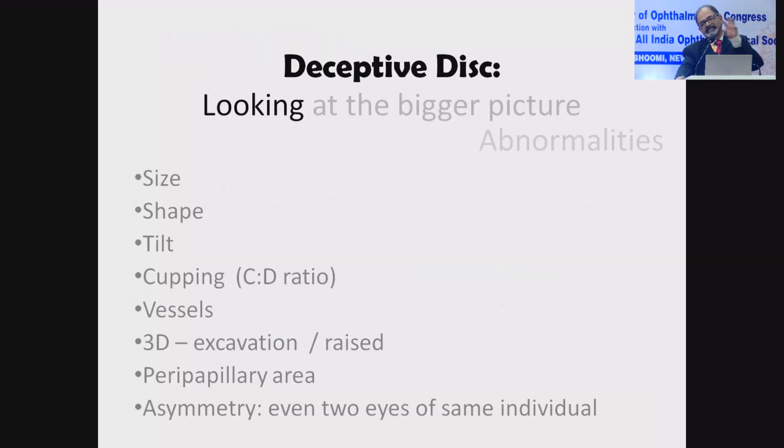The next part of deceptive disc, looking at the bigger picture, I just wanted to highlight what all things we are looking at. I've kept the abnormalities aside; the first thing is anatomy, then pathology. I'm sorry that for some doyens here it's very, very basic, but it was supposed to follow after the high-tech talks.